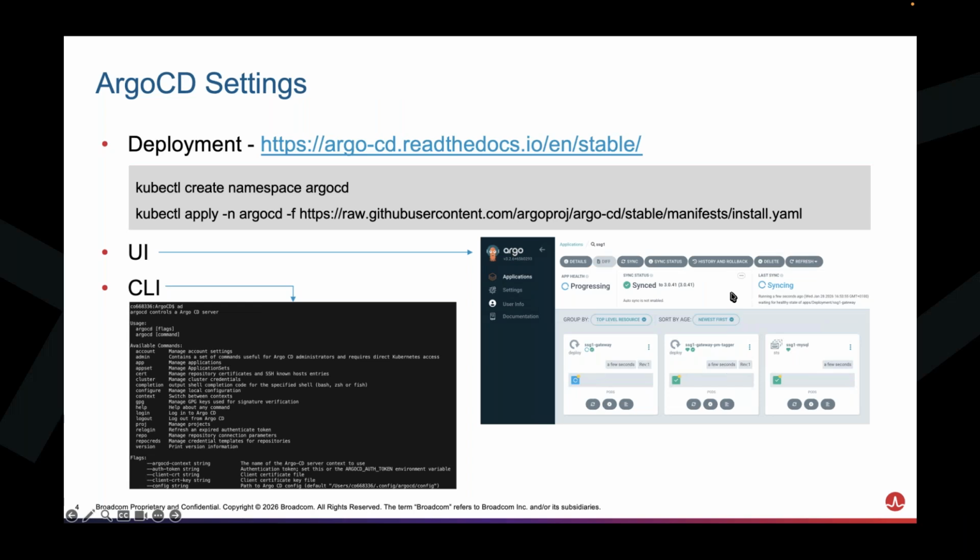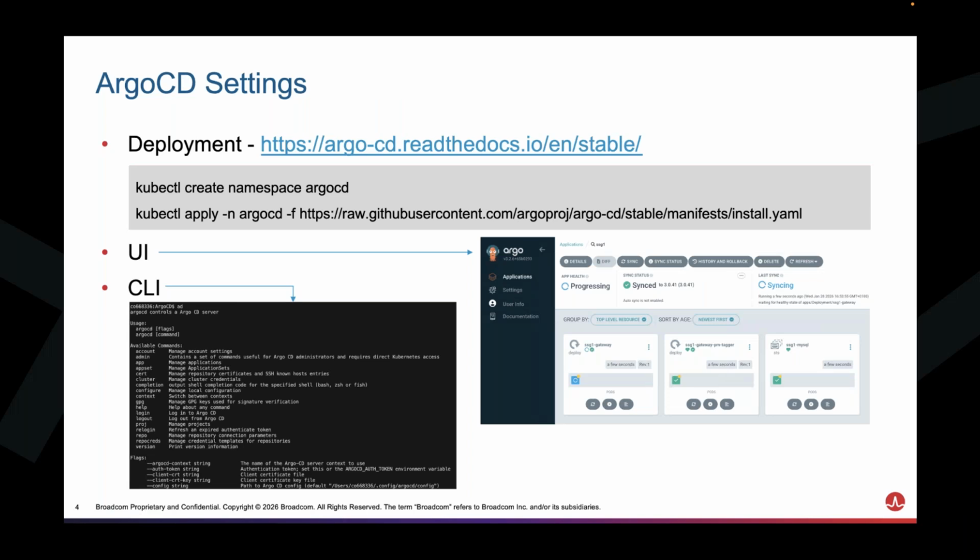It's pretty much UI driven, or you have a rich command line to create your applications and monitor your applications and the configuration of your environment. We'll use both in the demonstration. I will use the CLI to create the applications, and I will show you how those applications are created on the UI. But it's good to know that you have both.